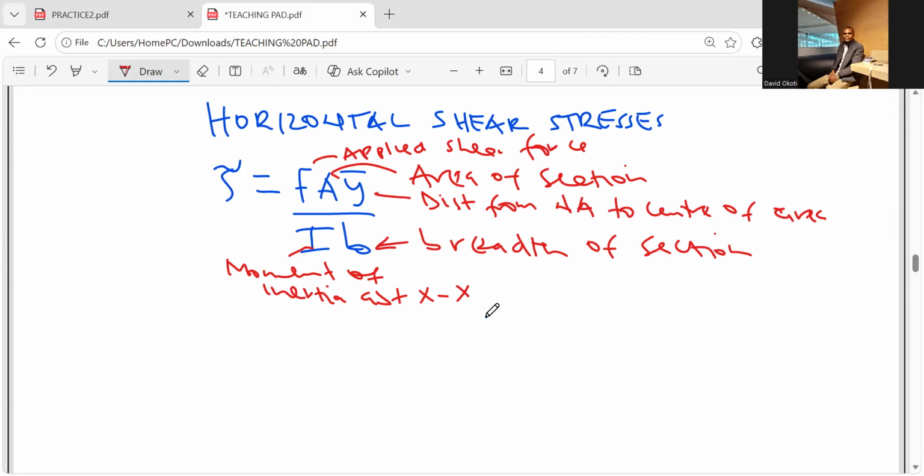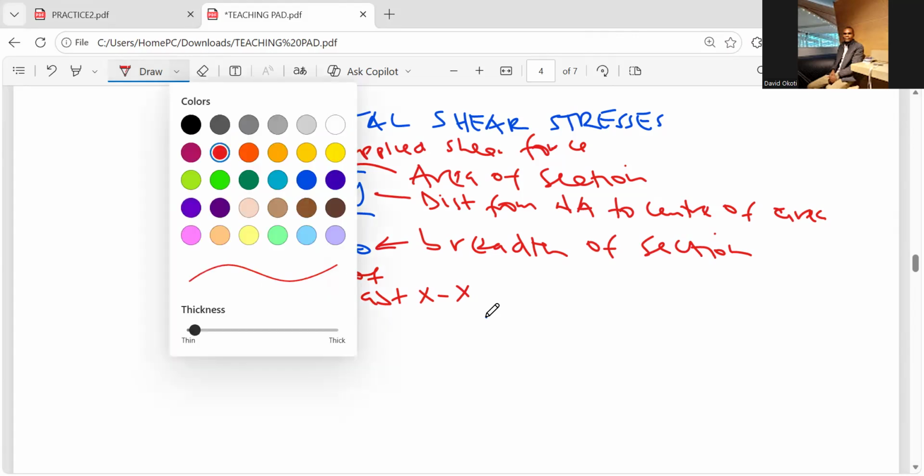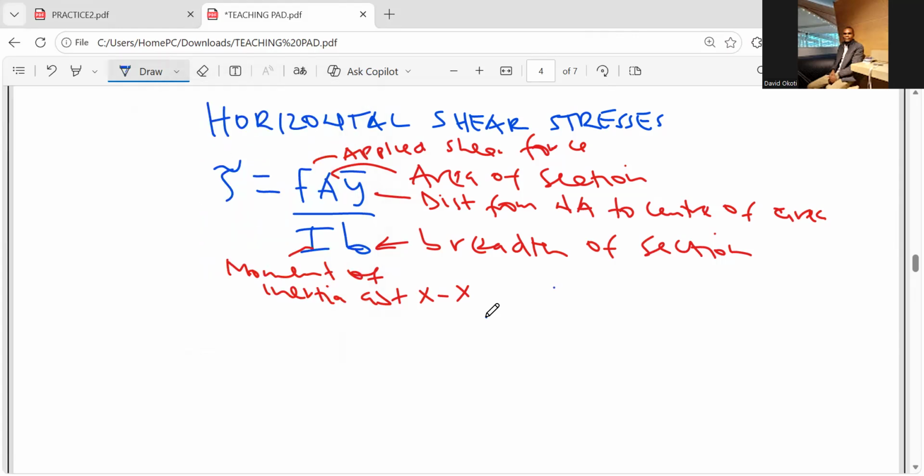Then from there we can look at shear stress distribution for different sections. Beams normally take different shapes or sections, and the most common ones we have are the rectangular, I section, T section, and sometimes miscellaneous sections.